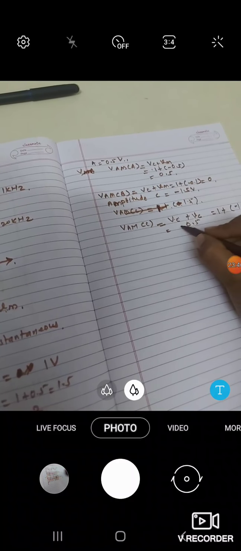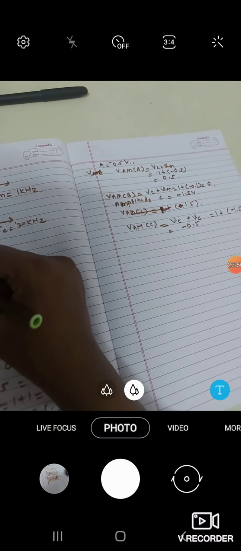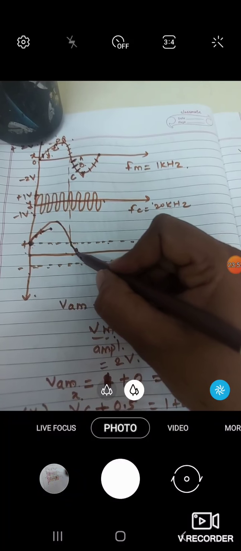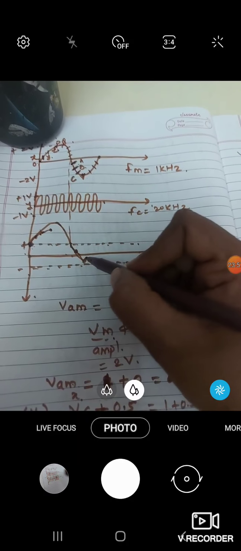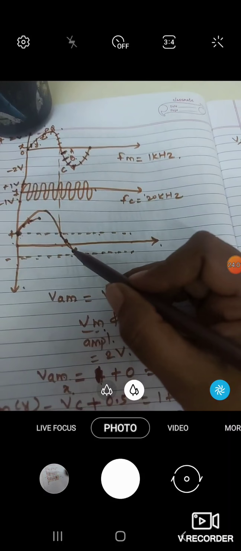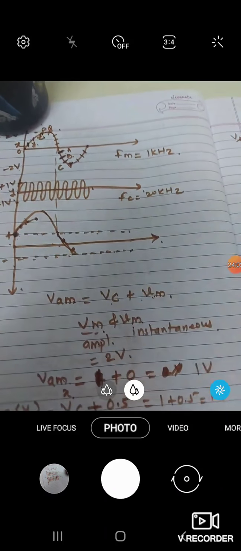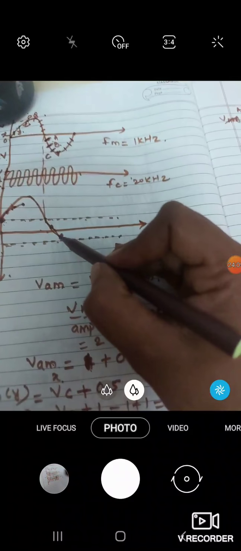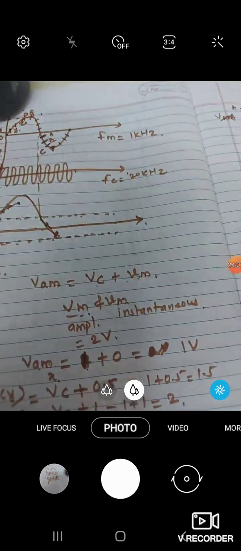So it is equal to minus 0.5. So in that case it will come to this side. So this signal will come towards this side. So it is having voltage as minus 1.5, or it is having voltage as minus 0.5.